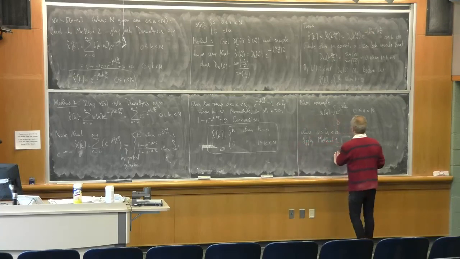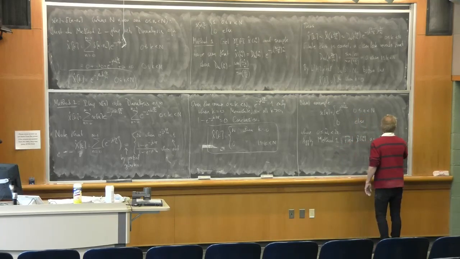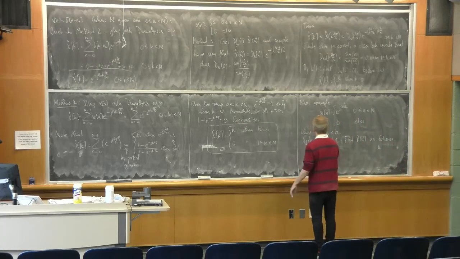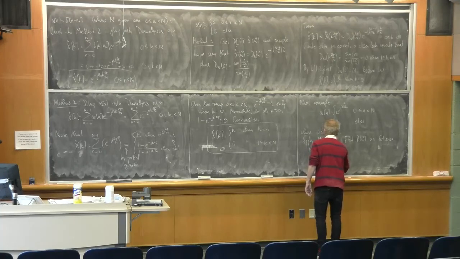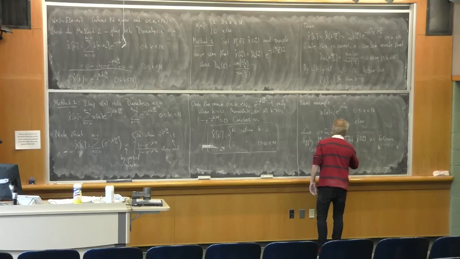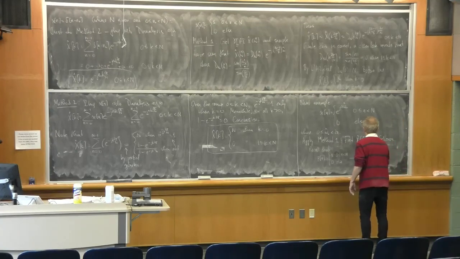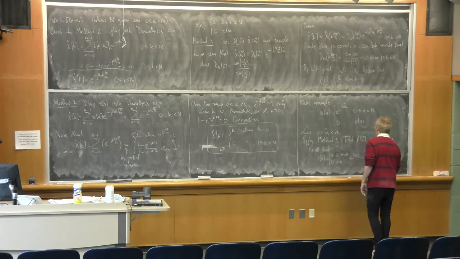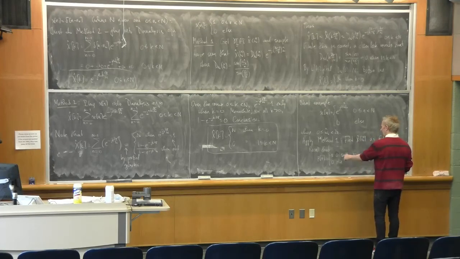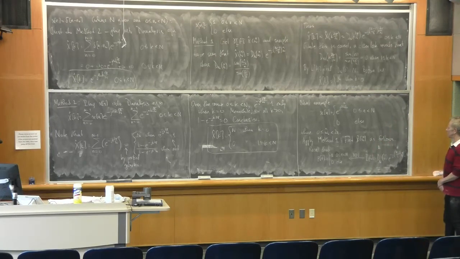First, let's find x hat of omega hat as follows. Recall that, and this is one I know we did in class, if I look at the pulse p of n, which is 1 when n is between 0 and cap N, and 0 otherwise, and when we did it in class we used cap L, but we're using N here, that has DTFT p hat of omega hat equals Dirichlet thing sub N of omega hat times e to the minus j N minus 1 over 2 omega hat.